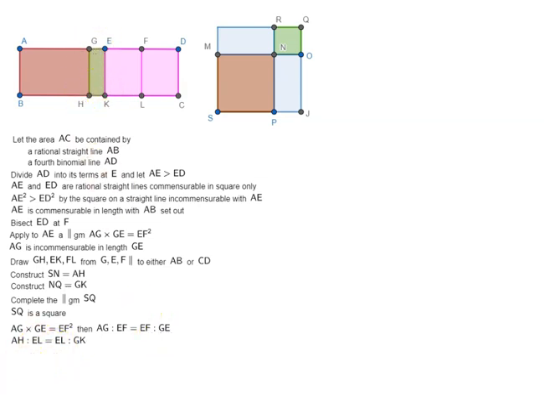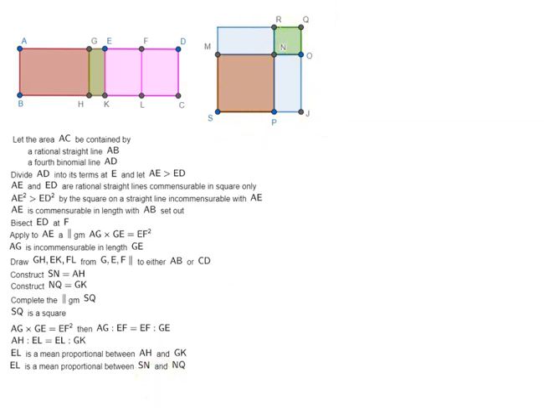So EL is a mean proportional between AH and GK. Remember, AH is equal to SN and GK is equal to NQ. So EL is a mean proportional between SN and NQ.